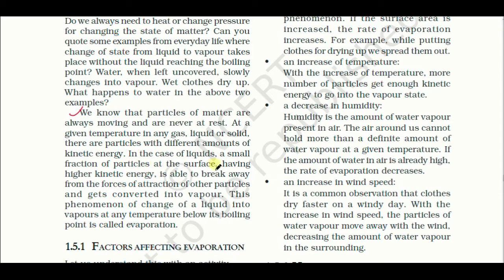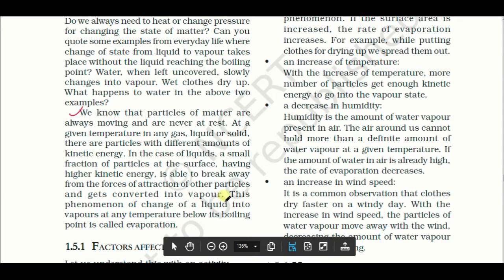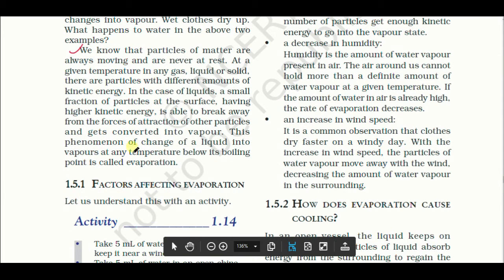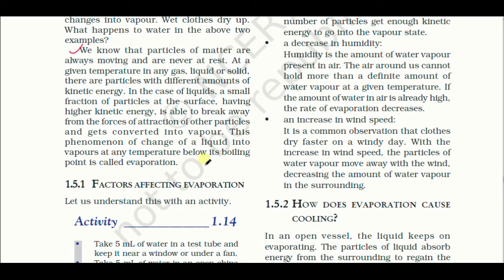In case of liquid, a small fraction of particles at the surface having higher kinetic energy is able to break away from the force of attraction of the other particles and get converted into vapor. This phenomenon of change of liquid into vapor at any temperature below its boiling point is called evaporation.